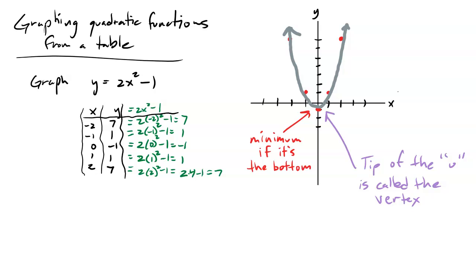If it's the bottom, it's going to be called the minimum. The vertex is called the minimum. If it's the top of an upside down U, it's called a maximum. The vocabulary for minimum and maximum is no different than whenever you've ever used it. Minimum being the smallest, maximum being the biggest. So if it's at the bottom, it's called a minimum. If it's at the top, it's called a maximum. And that's just the vertex.